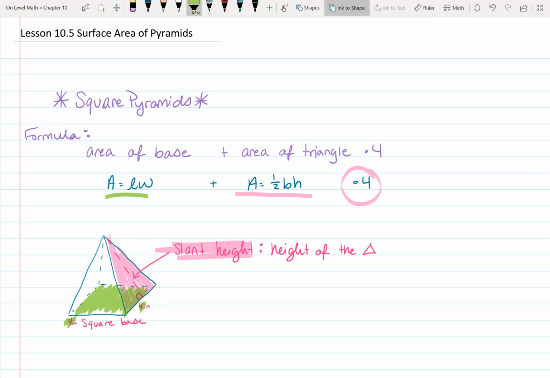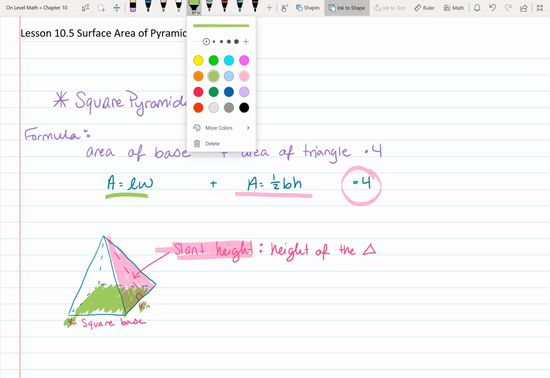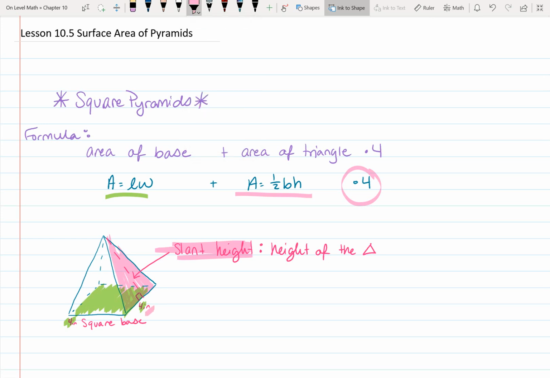The base of the triangle is 4 because that's the side length of the square. But then the height of the triangle is actually referred to as the slant height. Now in this case, I actually didn't write it down. Let's write it down. Let's call it 3 inches. So the slant height is actually the height of the triangle.